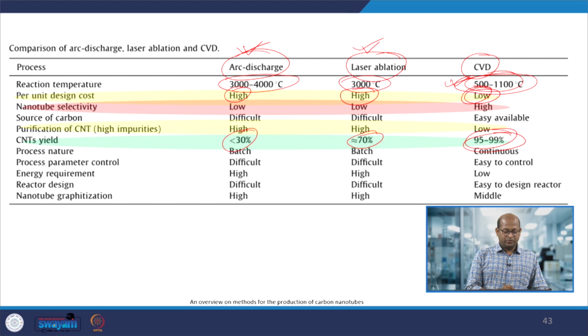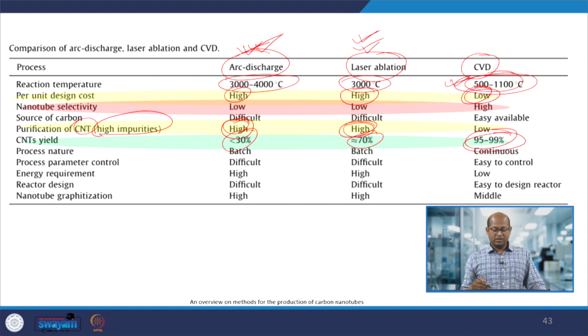And if you want to look into the purity of the CNT formed by the different methods: in the arc discharge and laser ablation methods, the CNT formed over the surface of the catalyst is highly pure. Here the cost is a little high and the temperature is high.